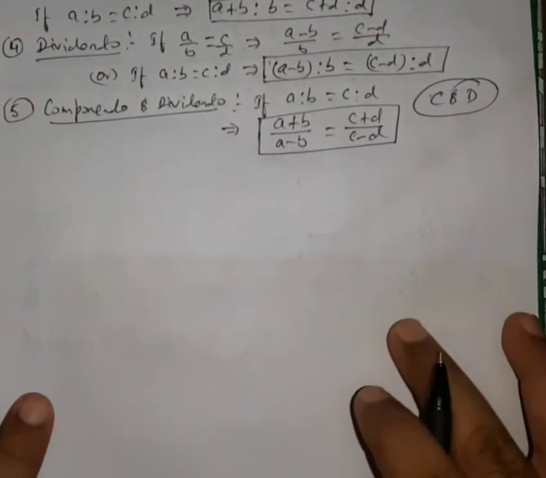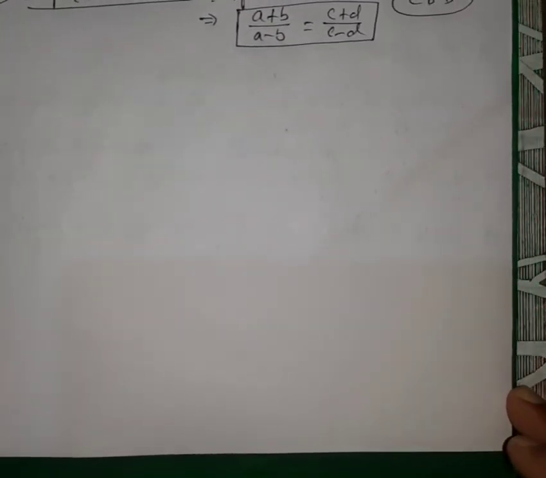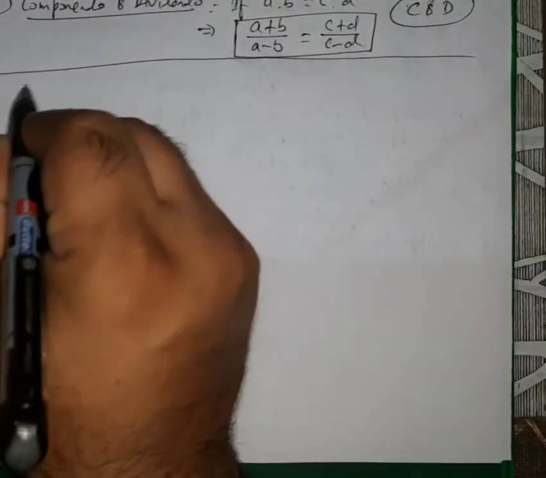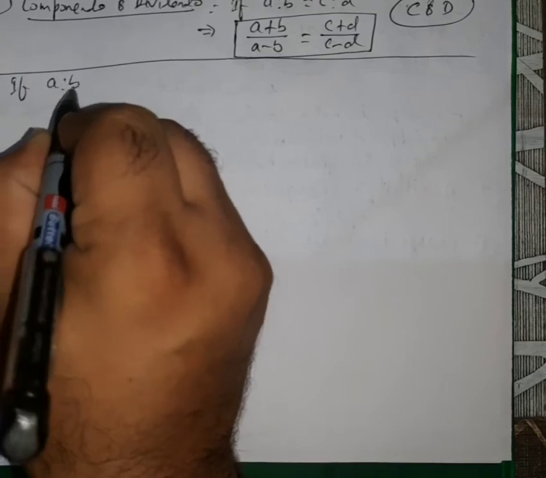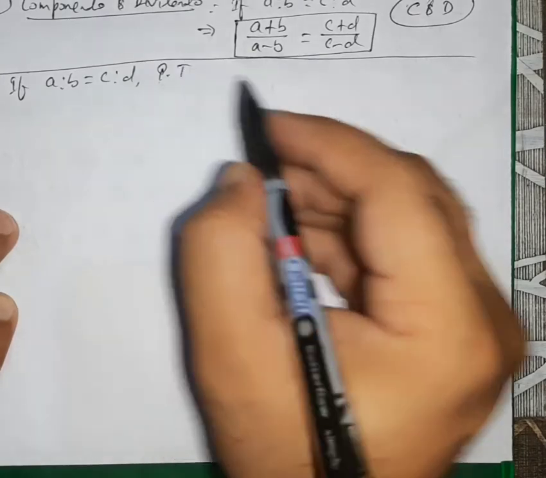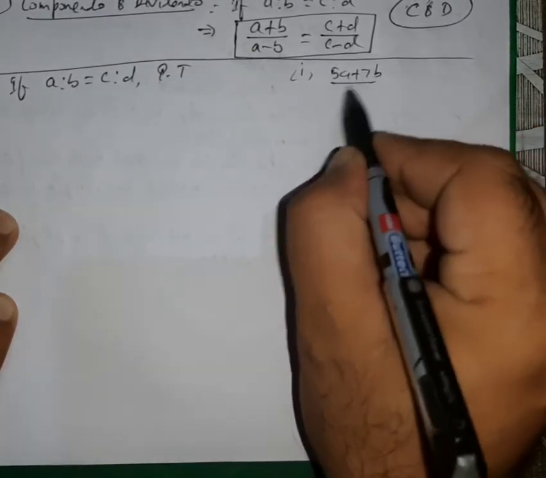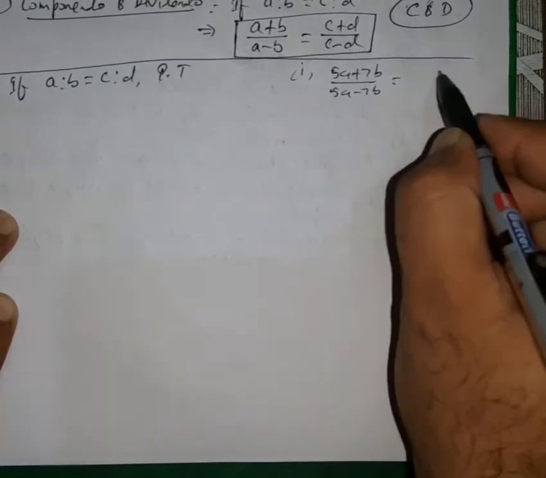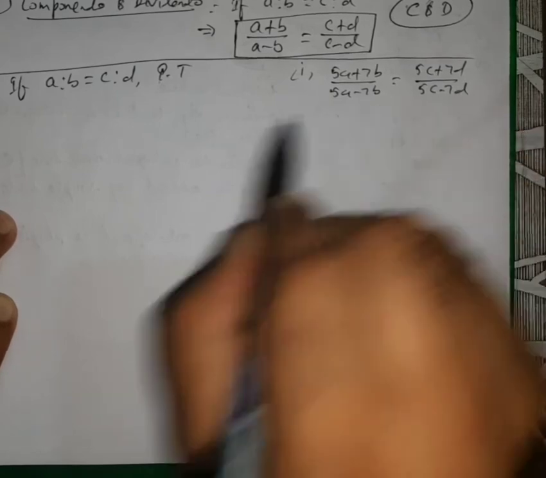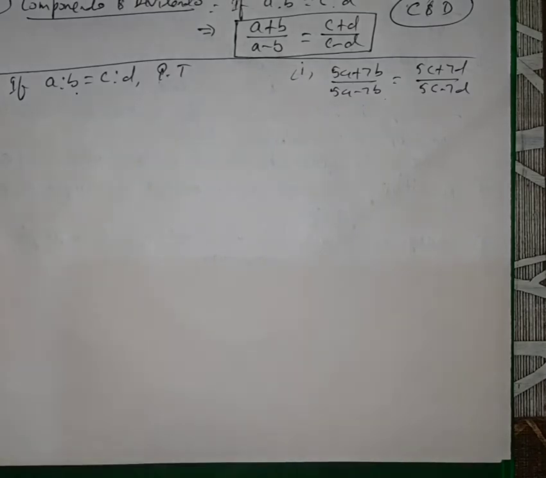The question says, if A is to B is equal to C is to D, then we have to prove that 5A plus 7B over 5A minus 7B equal to 5C plus 7D over 5C minus 7D. So from here we have to reach this point. In two ways we can solve this.